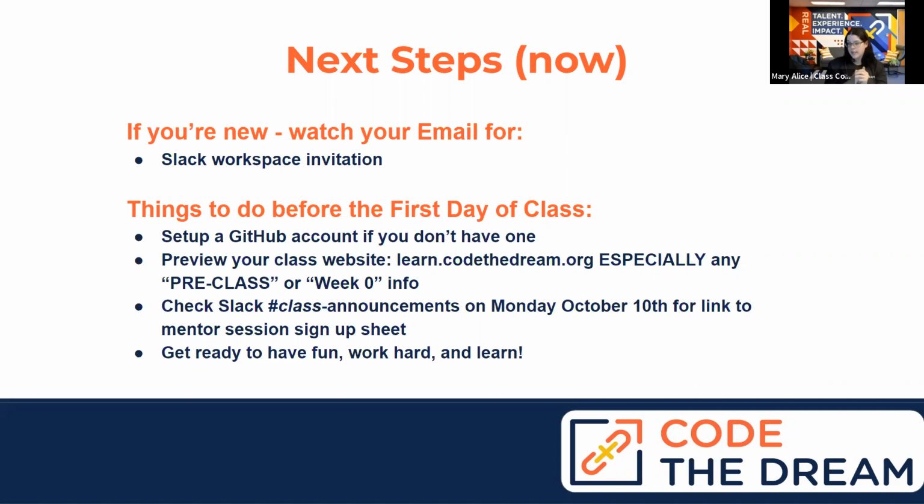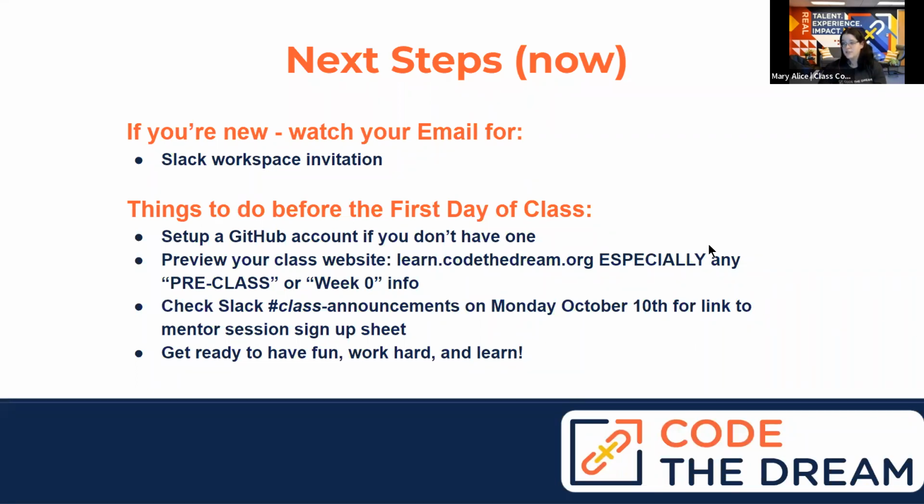Go ahead and take a look at any links that are there. Check your Slack class announcements channel on Monday the 10th. That'll have a link to your mentor session sign-up sheet, so that you can go ahead and start signing up for group mentor sessions. And then Wednesday, I'll post the announcements for your first week lesson, your first week coding assignment, your first week mentor session sign-up sheet. So get ready to have fun, work hard.